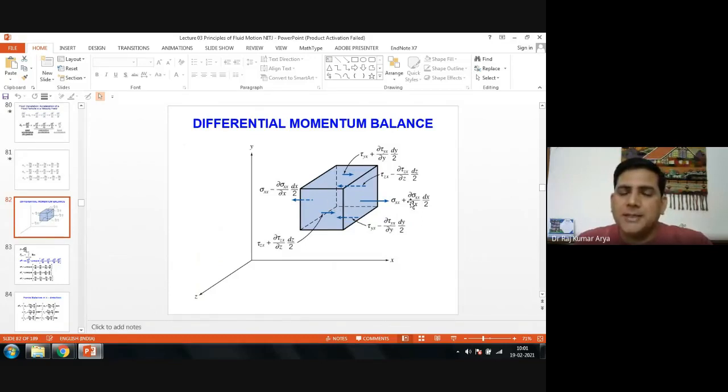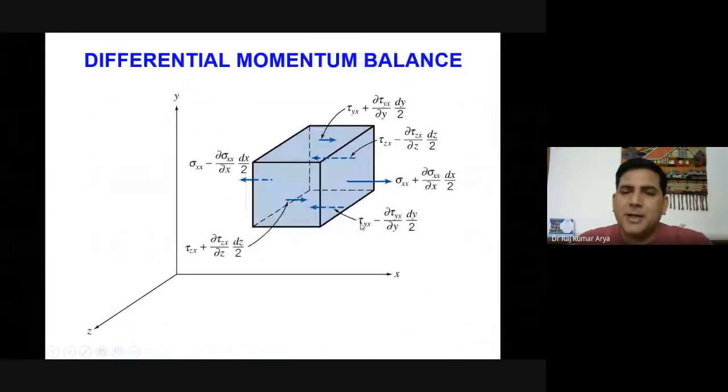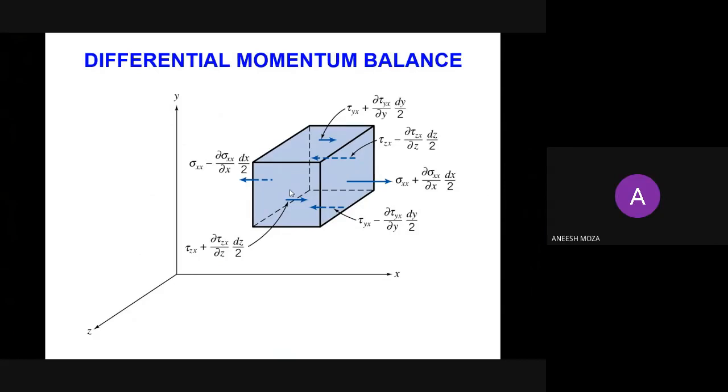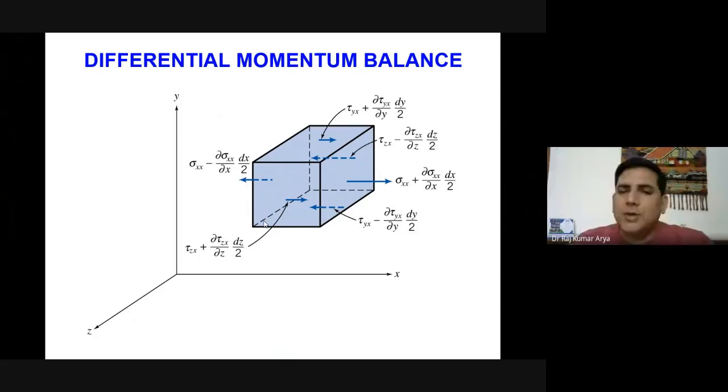Now you might have seen there's some change here: there's sigma, and the other one is tau. Previously we wrote everything as tau, correct? Yes, sir. What we did at that place, because we were just writing the stresses, was take a common symbol, tau.